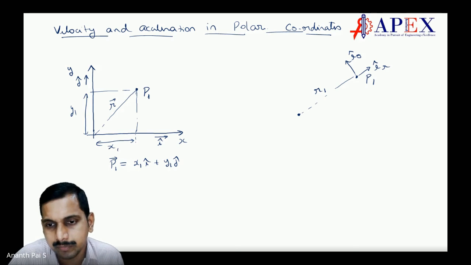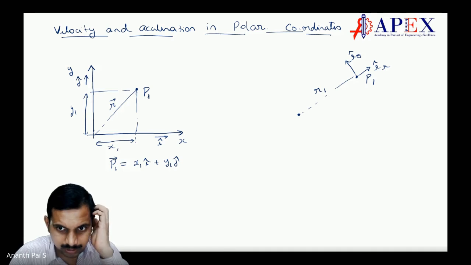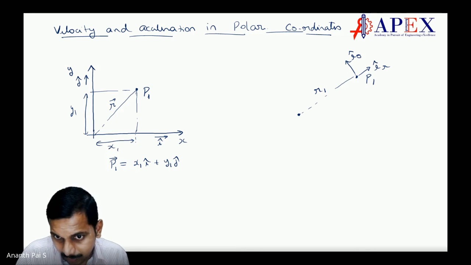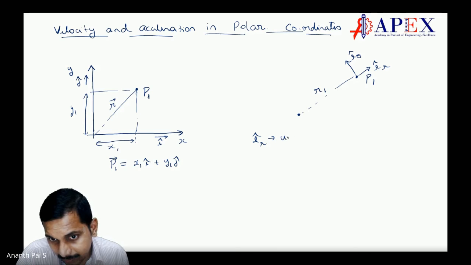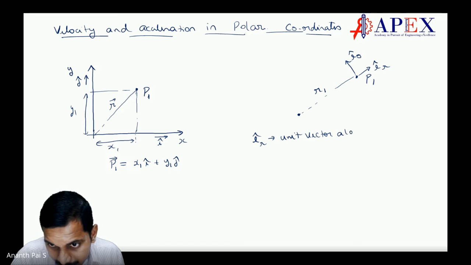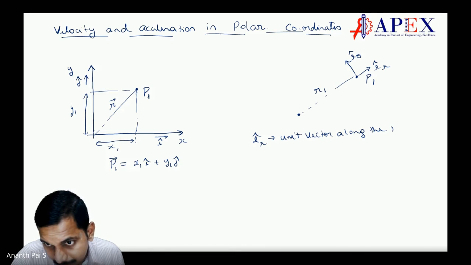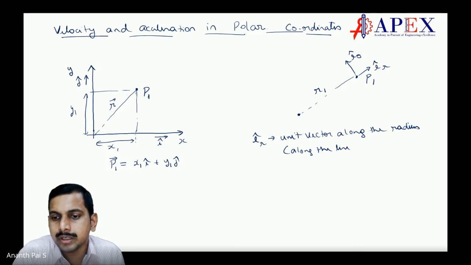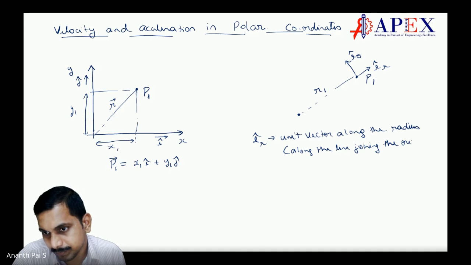So what is happening here? This is the origin, okay? e_r is the unit vector along the radius, or you can say along the line joining the origin with the point of reference.